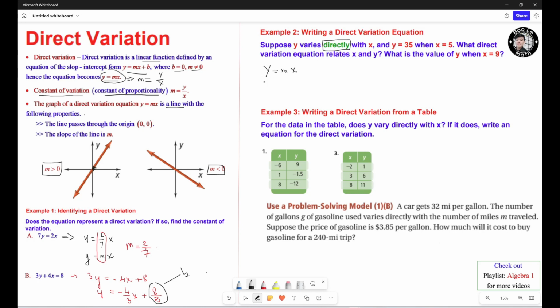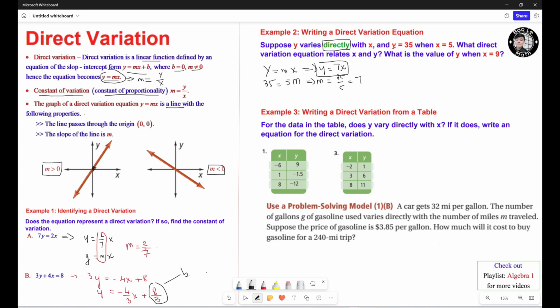So we substitute over here. 35 equals 5 times m. We solve for m. m equals 35 divided by 5. It turns out to be 7. So m equals 7, we substitute back over here. So we have the equation y equals 7x.